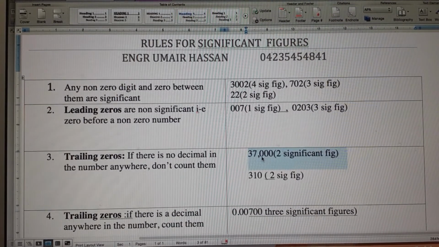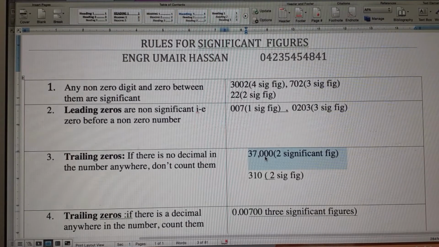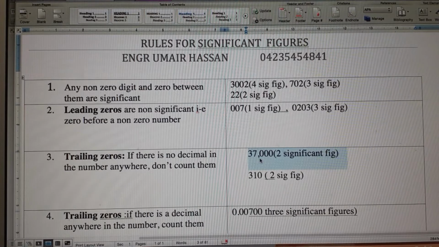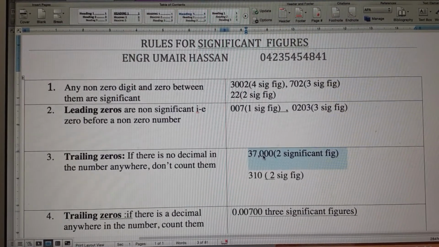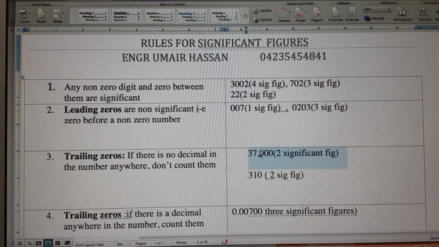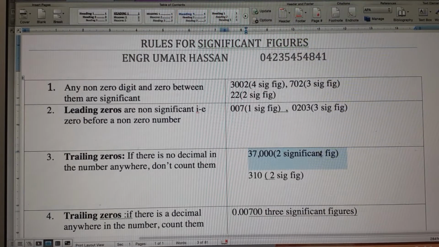If you have a decimal, then you will count them. However, in this case, you don't have a decimal anywhere in the number, so these three zeros will not be counted. Trailing zeros will not be considered significant. So in this case, we have only two significant figures.